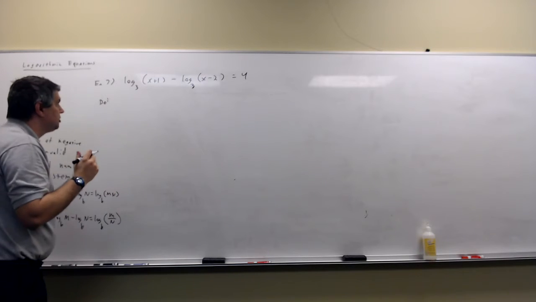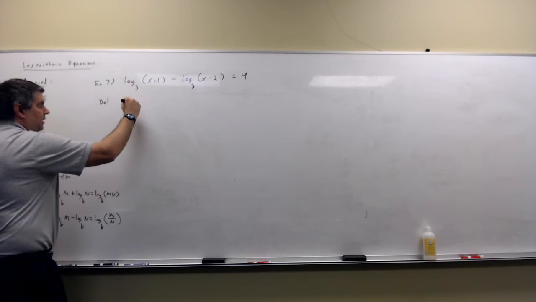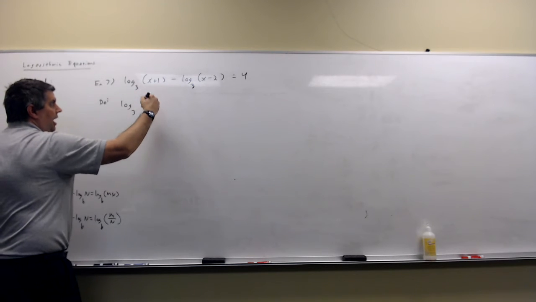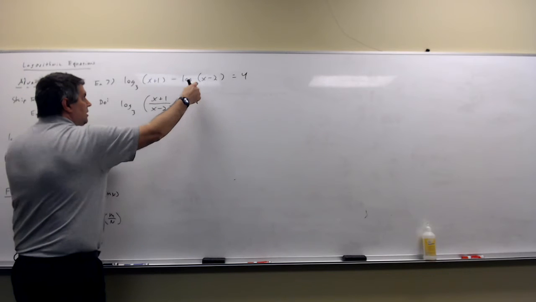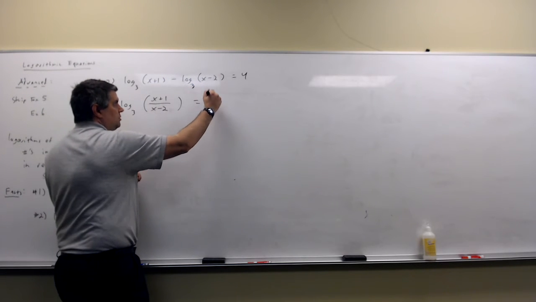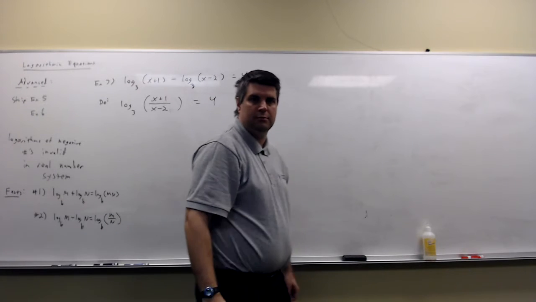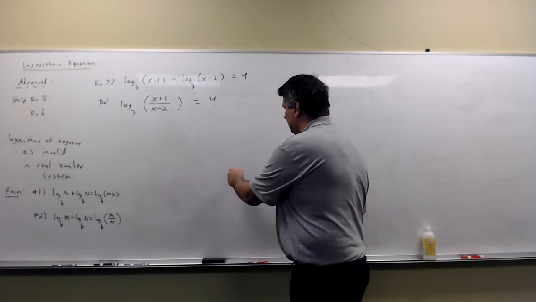That's a subtraction relationship, so I'll be using this rule. Log base 3 of this over this equals 4. Following this procedure right here.